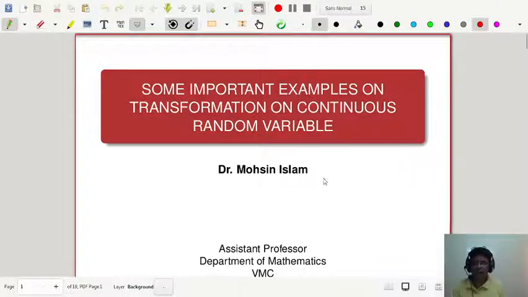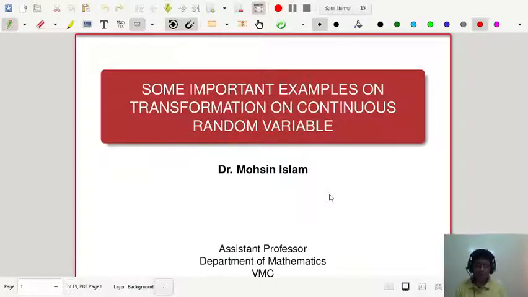So today's class is mainly focused on some important examples on transformation of continuous random variables. In the last class, we talked about some examples, including continuous and discrete ones. There were problems on probability mass functions, probability density functions, and the conditions for a possible PMF or a possible PDF.